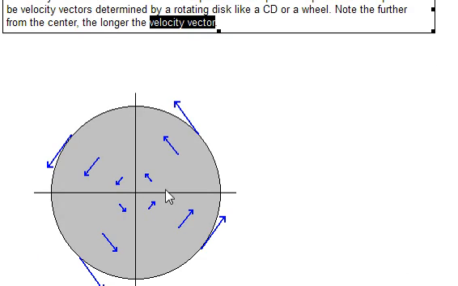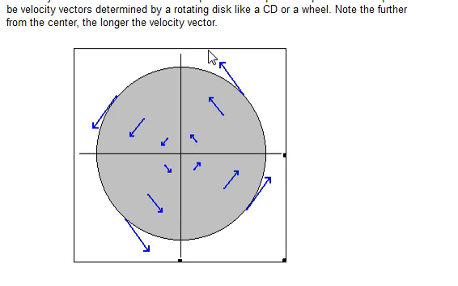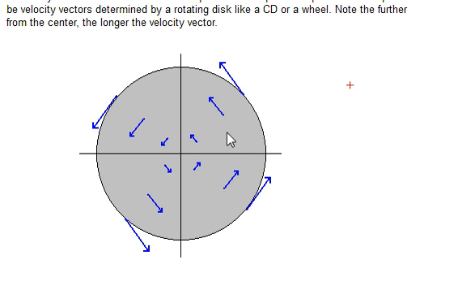I only drew 12 vectors in this picture, but there are vectors at every single point of this spinning, rotating wheel. As you can see, on the rim the velocity vectors are longer than they are towards the inside. Actually, right here at the origin, the velocity vector would be of length 0 because there's no velocity there. It just keeps spinning, but it's not going anywhere.